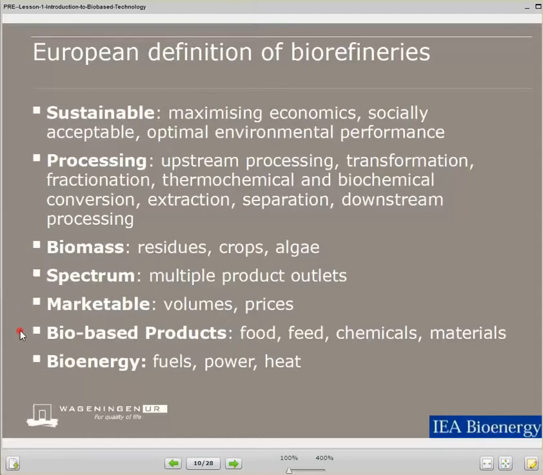The bio-based products include, as you see, a couple of the F's showing up: food, feed, chemicals, materials, and bioenergy: fuels, power, and heat. Here at Avans University, we have 2 lectorates, which are research organizations, and they are divided between bio-based products and bioenergy. So the different projects are loosely grouped into 2 different lectorates.